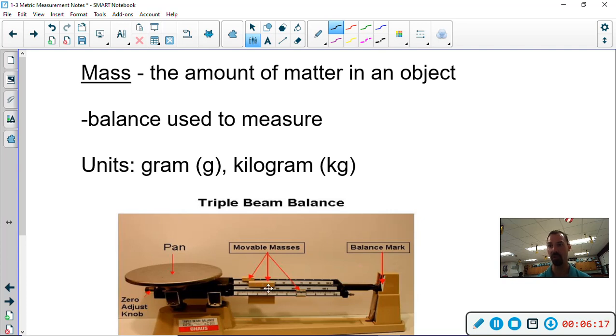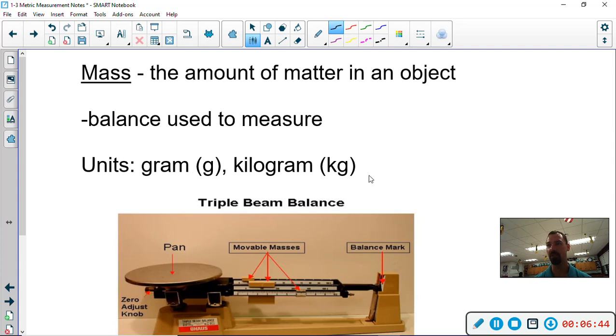If it tips over, then you move that one back and then go to the second one. And you keep doing that until the balance mark is reached. And that's when you get your answer. You have to read all digits, starting with the hundreds, tens, and then the ones, and then all the way down to the tenth digit, if you can.